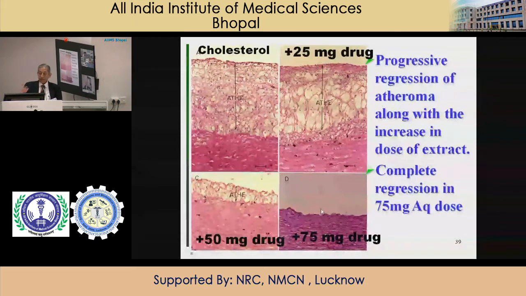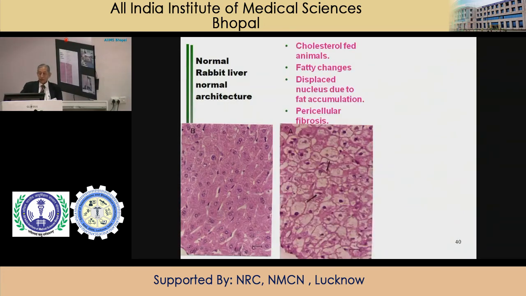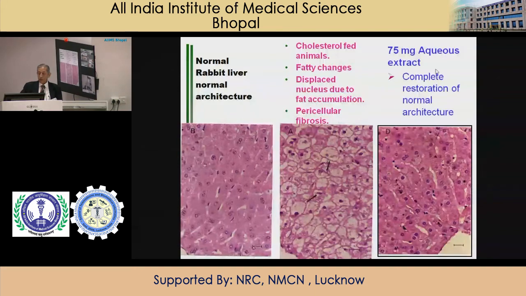There is progressive regression of atheroma with the increase in the dose of the extract, and complete regression when you give a 75 milligram dose. Similarly, normal rabbit liver has normal architecture, and in cholesterol-fed animals there is fat accumulation and pericellular fibrosis, and with 75 aqueous extract you get complete restoration of normal architecture.